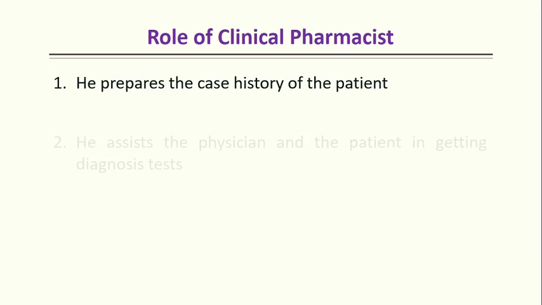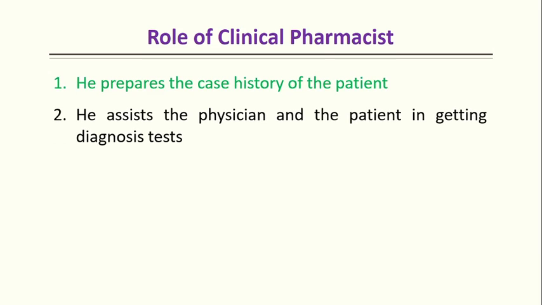Also he assists the physician and the patient in getting a diagnosis, as well as the nurses in how to administer the dose to the patient, and the physician in how to select the right choice of medication for that particular patient after getting the complete history of that patient, and patient counseling to provide the information related to the prescribed drug.